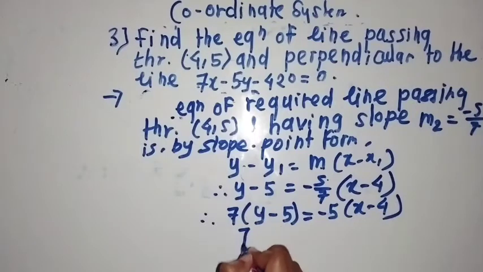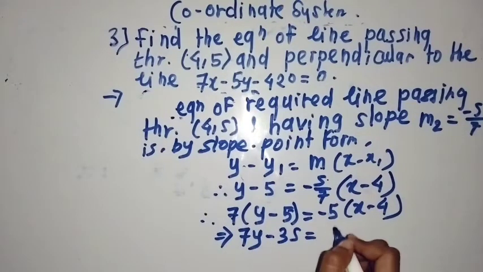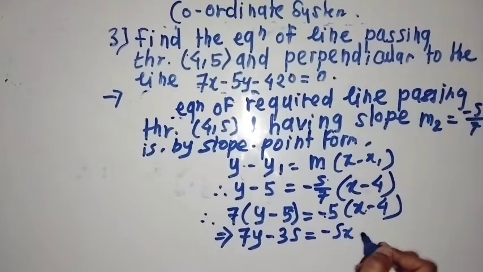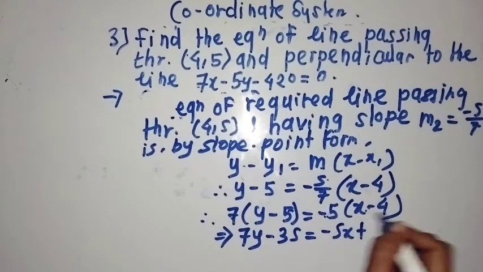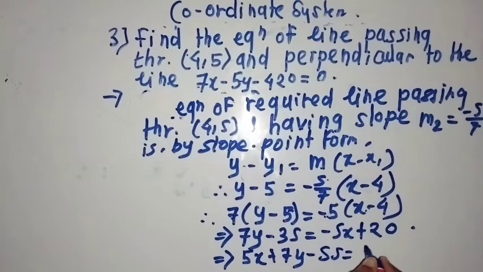Multiplying by 7, we get 7y minus 35 is equal to minus 5x plus 20. Hence the equation of line is 5x plus 7y minus 55 is equal to 0. This is the equation of the required line.